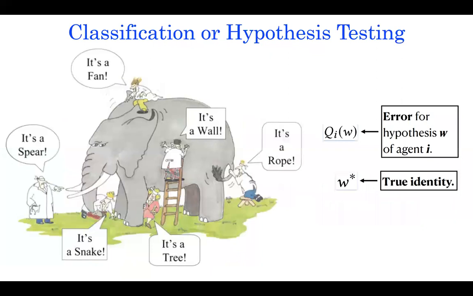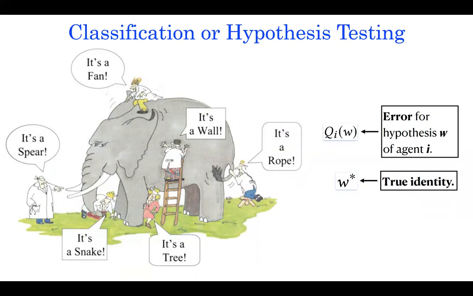The model of distributed optimization can also apply to classification or multi-agent hypothesis testing settings, where you have multiple agents, or sensors, you may call them, that are trying to identify a single common object.